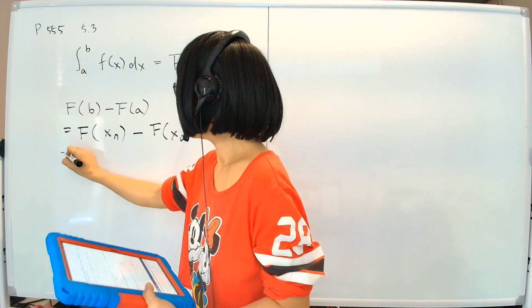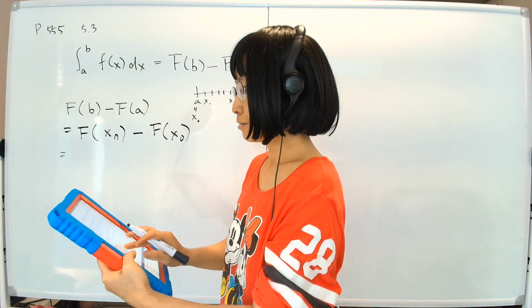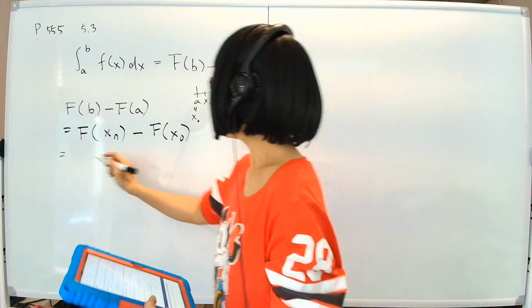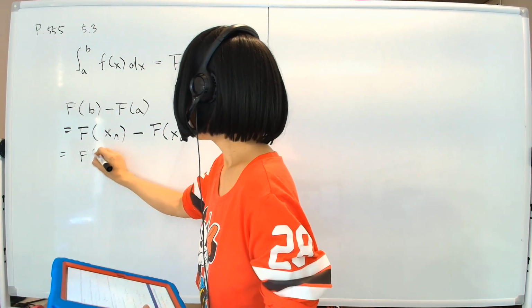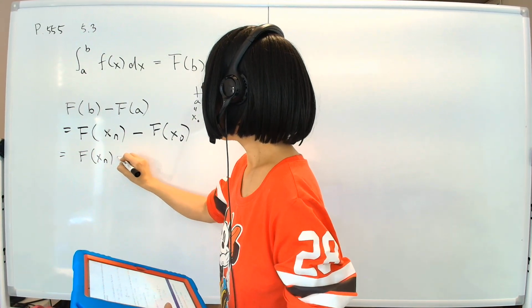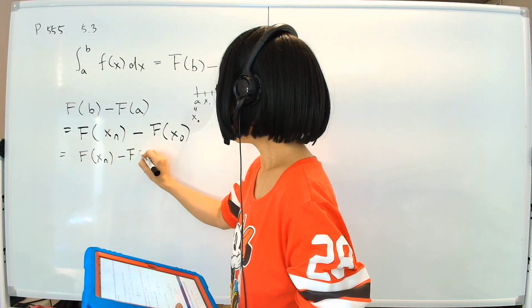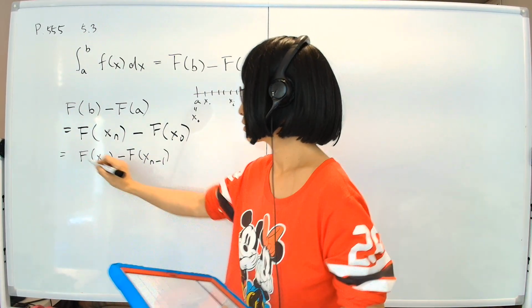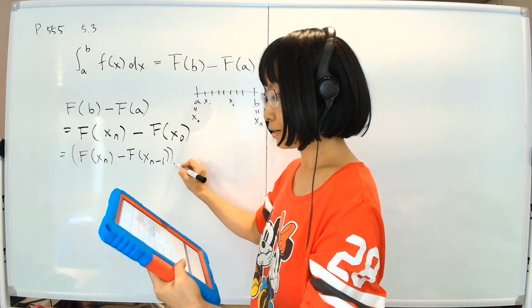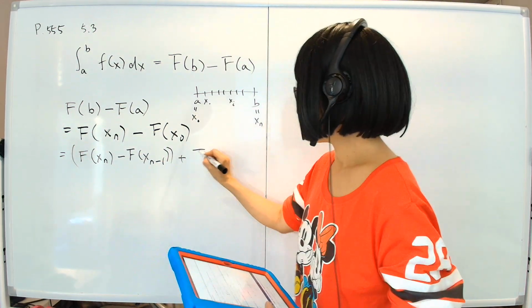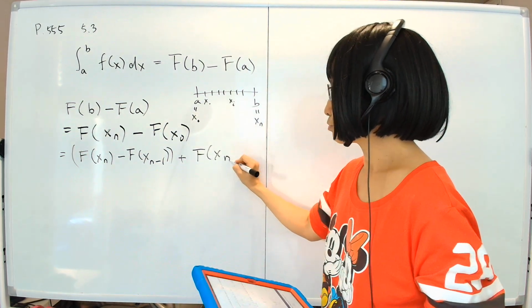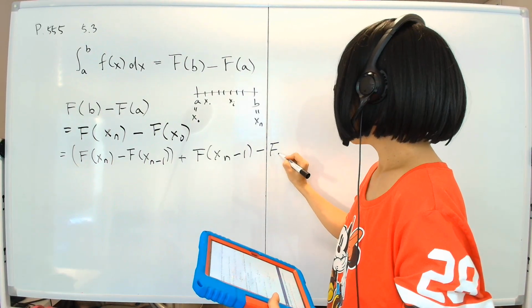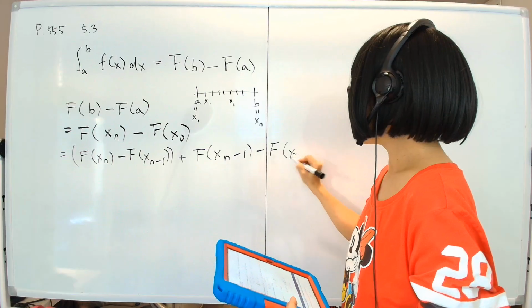And then we're going to write a whole bunch of stuff that equals F(xn) minus F(xn-1). That's the first piece, okay? And then plus F(xn-1) minus F(xn-2).